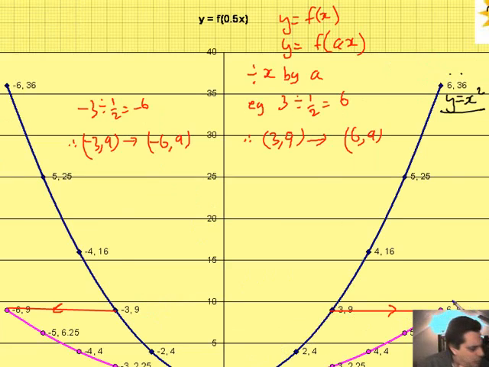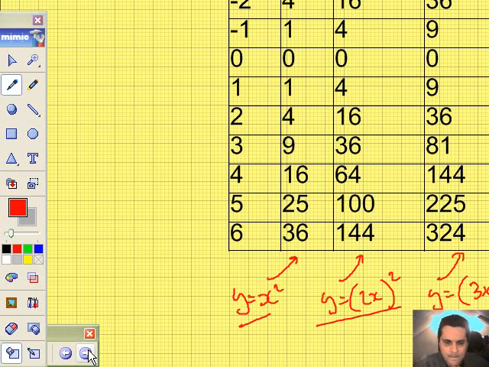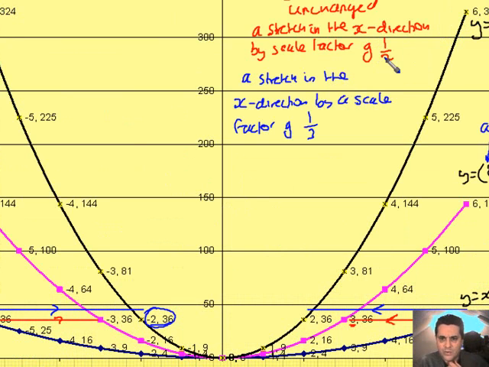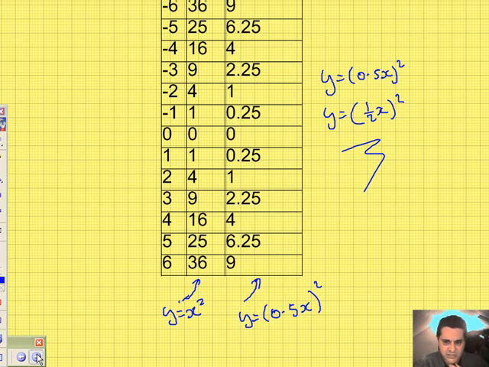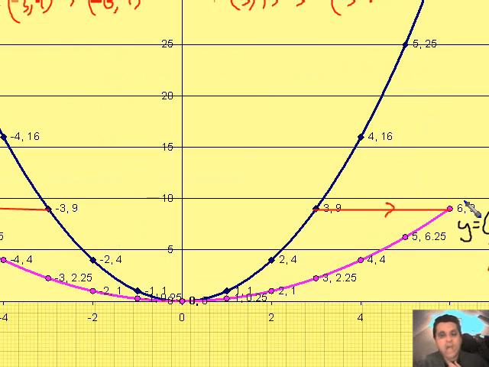So I think we call this, just go back and reiterate for myself now, this is a stretch in the x direction, scale factor of half, yes, from there to there. A stretch in the x direction by a scale factor of a third, yes, from 6 to 2. Therefore, this is going to be a stretch in the x direction of scale factor 2.